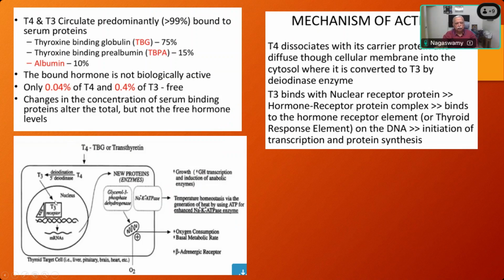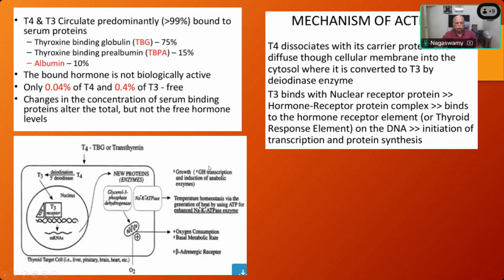So nuclear receptors will be activated, messenger RNAs will be stimulated, which results in new protein or enzyme formation, and then it causes all the various actions of increasing growth, temperature homeostasis, oxygen consumption, basal metabolic rate maintenance, and beta adrenergic receptors.